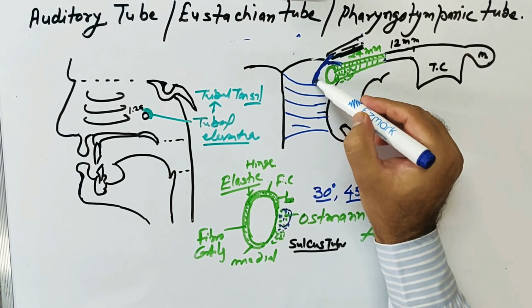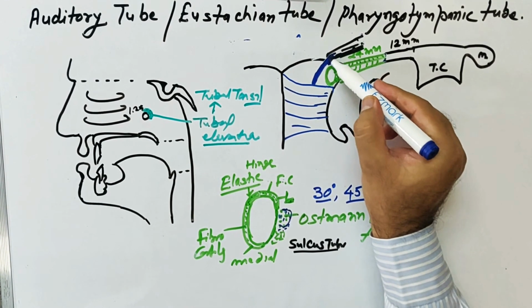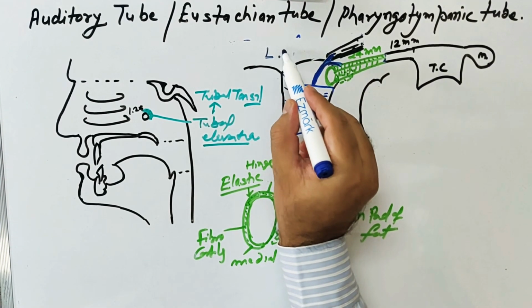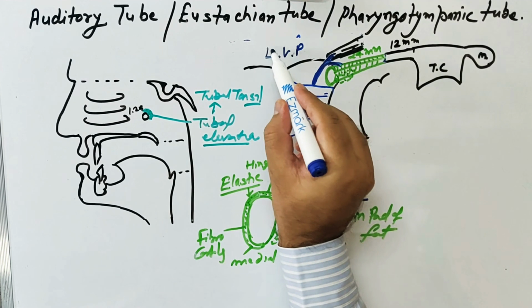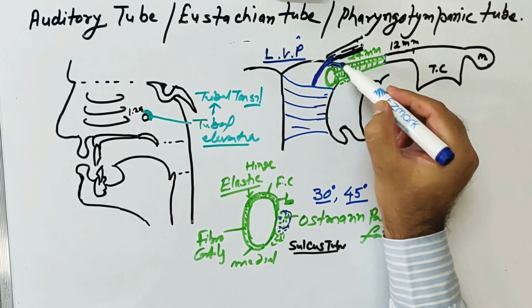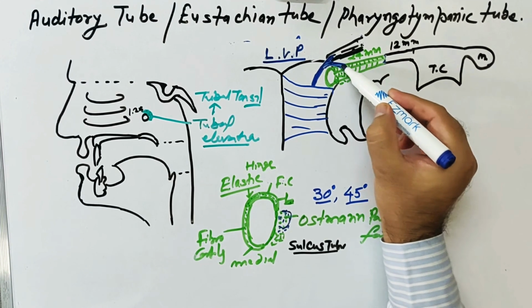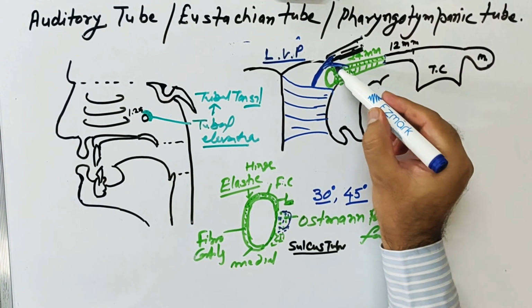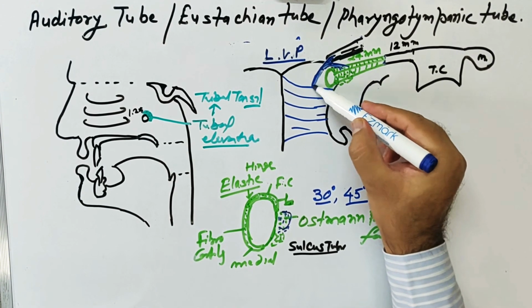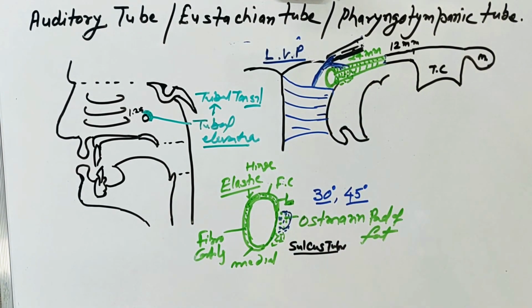This is levator veli palatini. So this muscle is levator veli palatini, attached to the lateral lamina and also the apex of the petrous temporal bone.